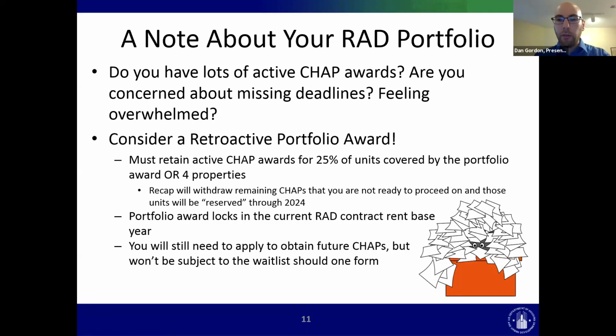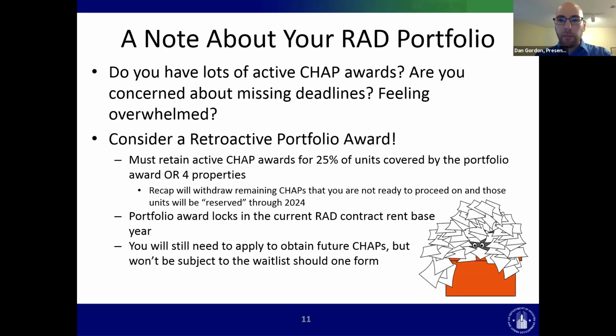Fortunately, a retroactive portfolio award will help you out there. It allows you to move forward with your transactions further into the future while still maintaining your RAD reservation under the RAD cap. So you'll see a couple different rules and regulations we have on that here.